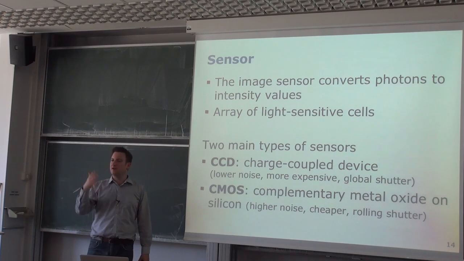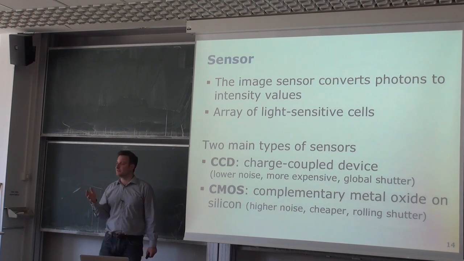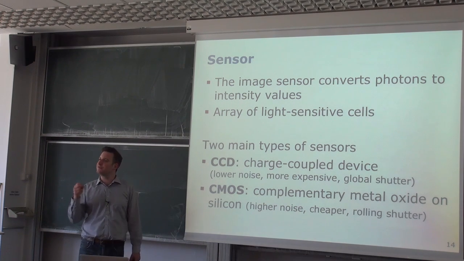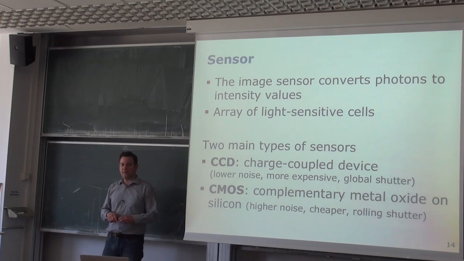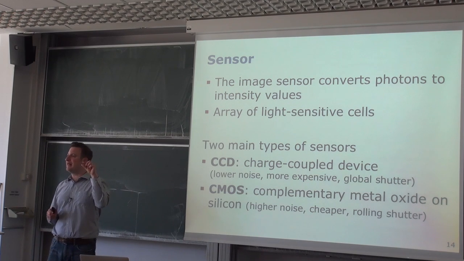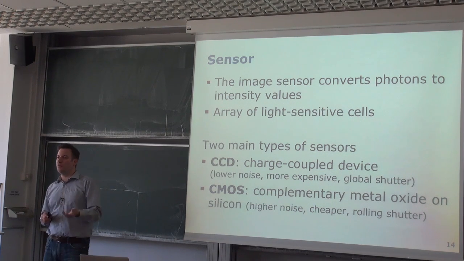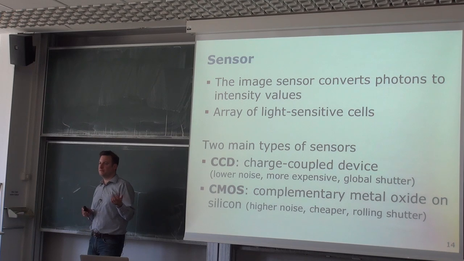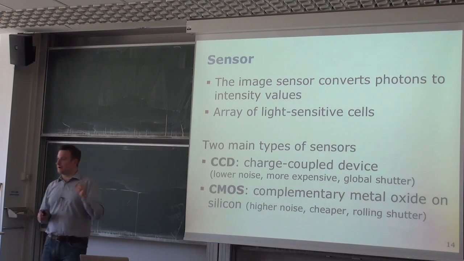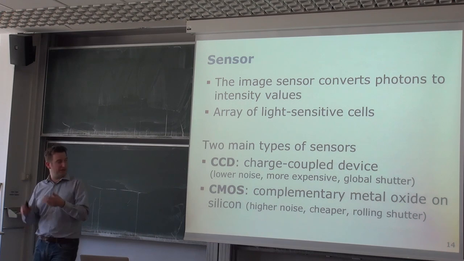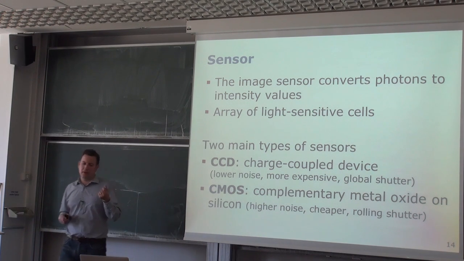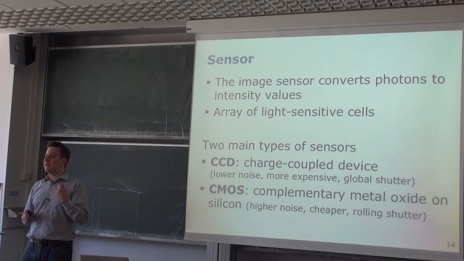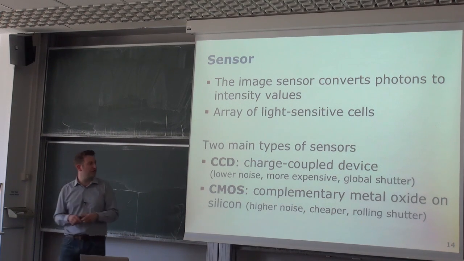So if you have an exposure time of, say, a hundredth of a second, within this interval every sensor cell measures the amount of light that reached that cell. The more light there is, the brighter it is. The smaller the amount of light, the darker it is. There's the concept of the photon, the smallest quantum of light, and every sensor cell basically counts those photons.